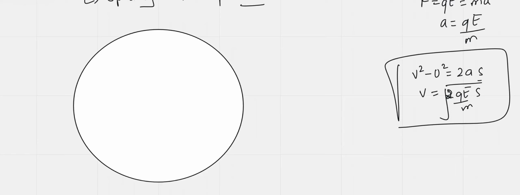I will trace this circle once, the shape of it. From this point, I can try to trace it.